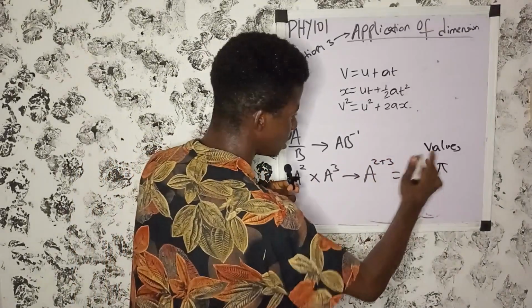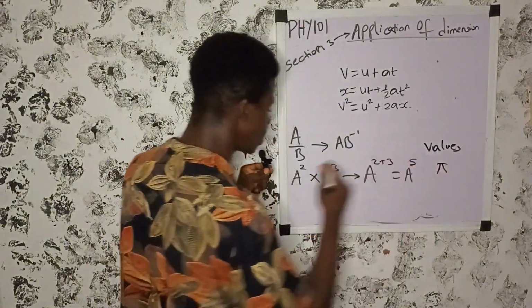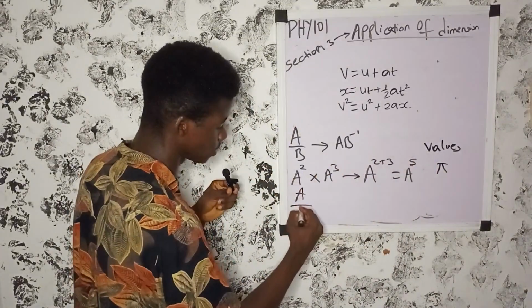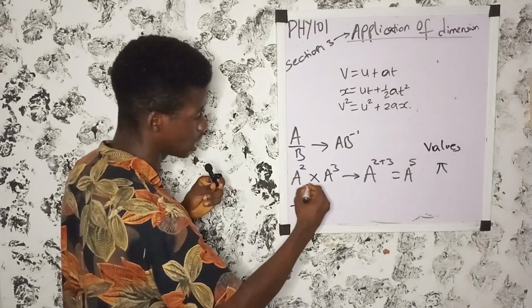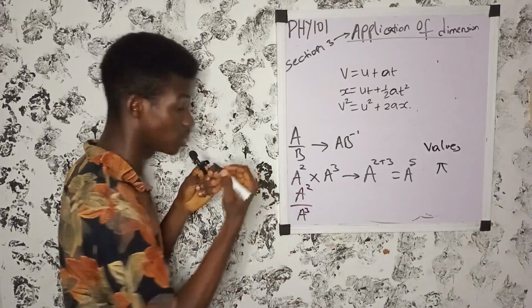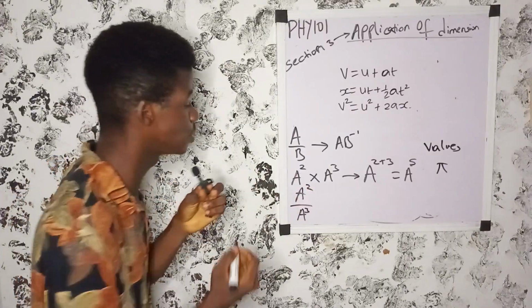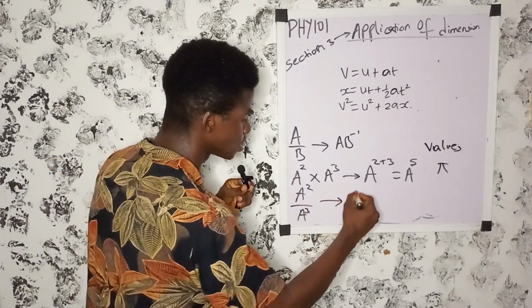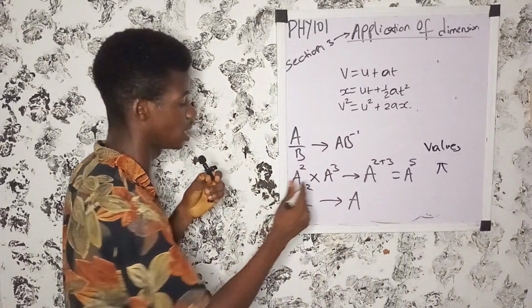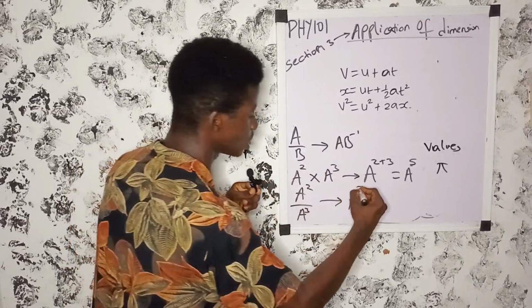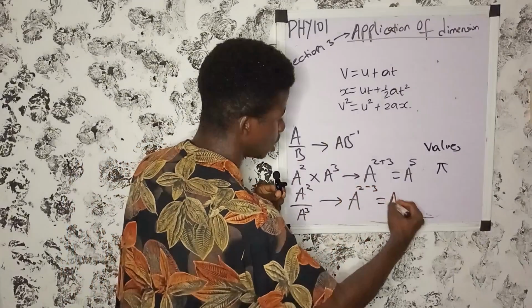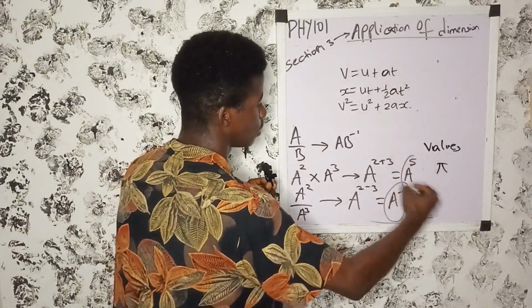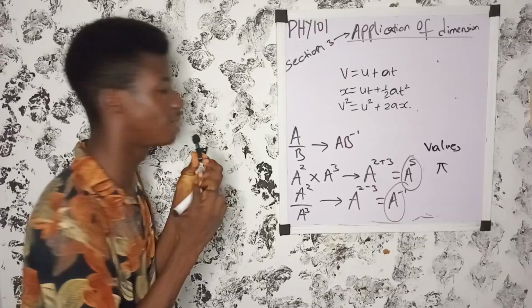Then the last one, when two equal bases are dividing each other, you take out one of the bases and you subtract the powers. So please don't forget about this.